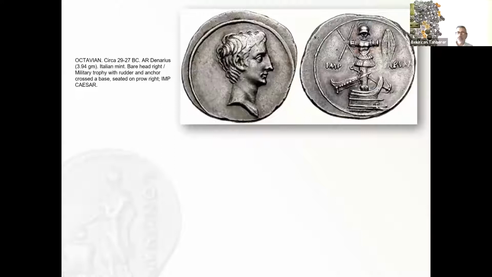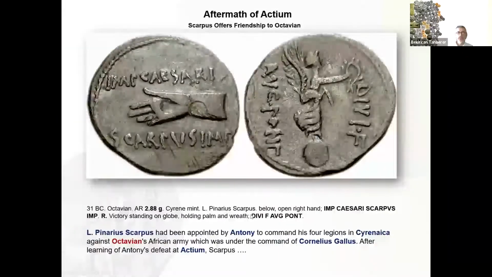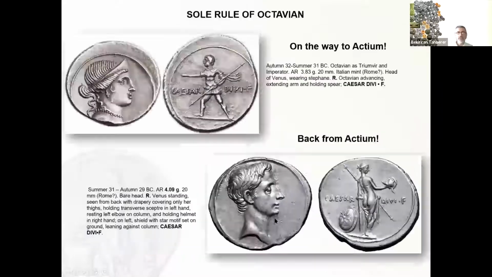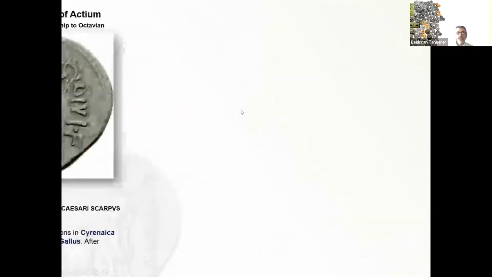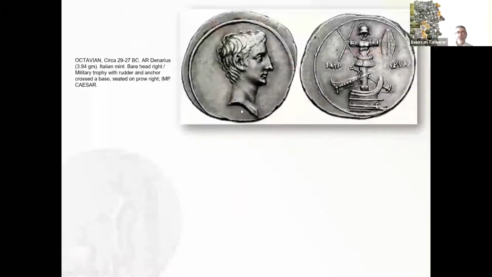This was a naval victory that he achieved, and his title immediately changes. As you see on these coins, you still see Caesar Divi F and Caesar Divi F. However, right after that, it changes to Imperator Caesar.